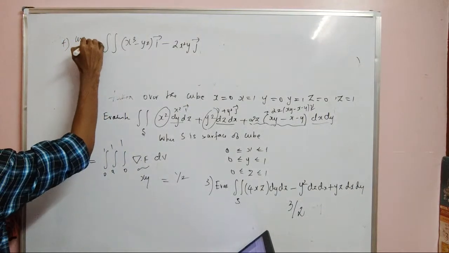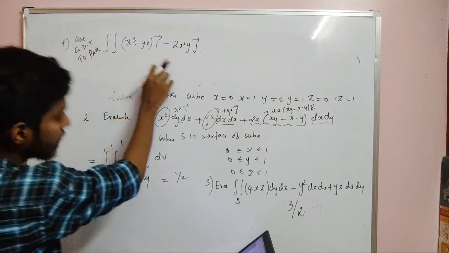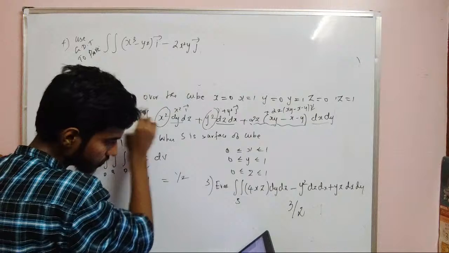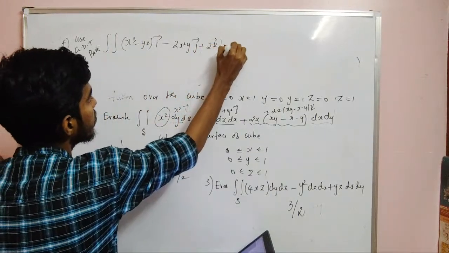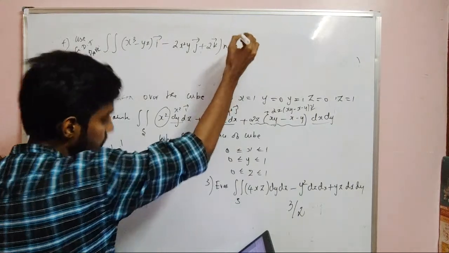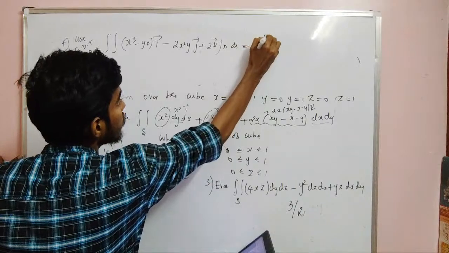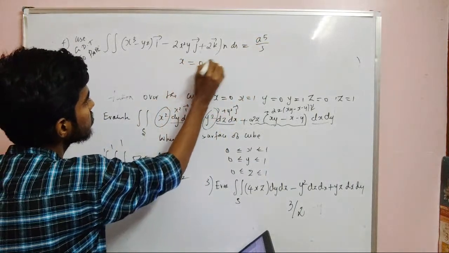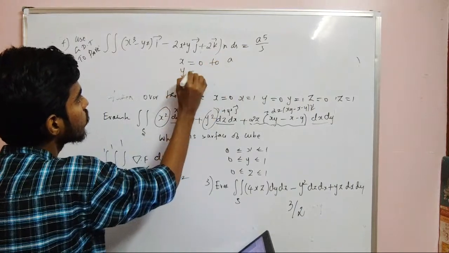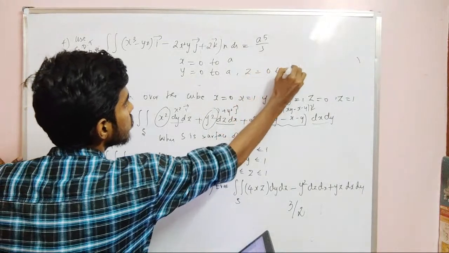Use Gauss divergence theorem to prove that this value is equal to a power 5 by 3, and the bounds are x is equal to 0 to a, y is equal to 0 to a, z is equal to 0 to a.